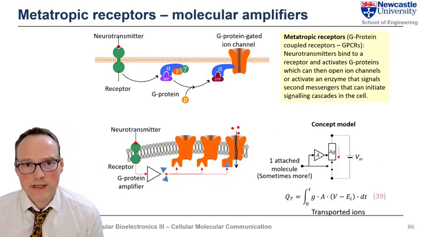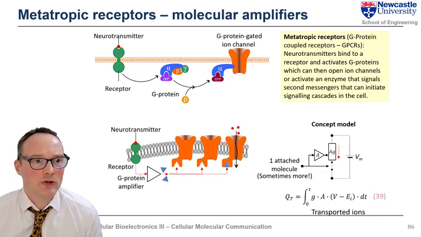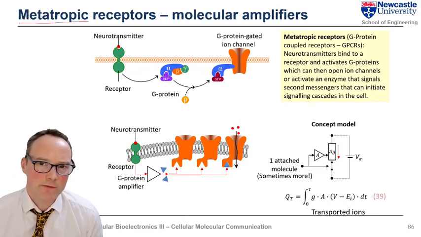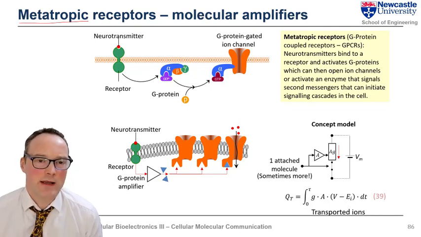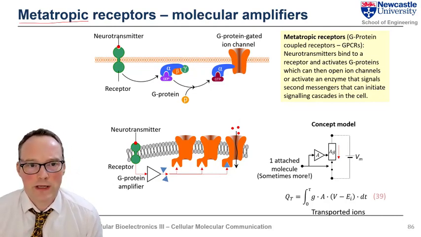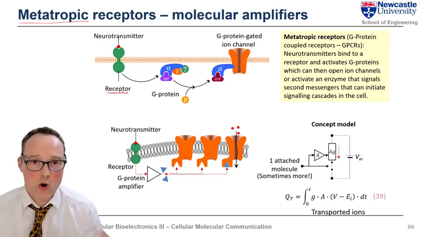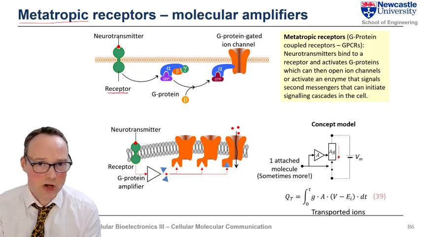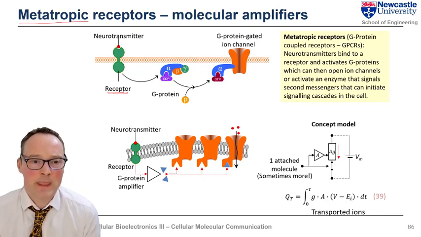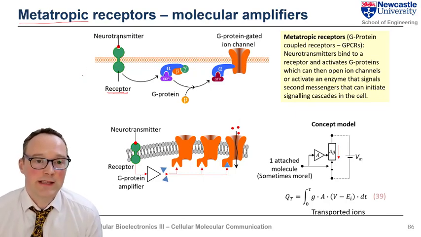Now, the other type of synapse is the metabotropic receptor. And in the metabotropic receptor, you've got a subtle difference in how this works. So first of all, the receptor has no ion channel beside it. It's not directly connected to an ion channel. Instead, the receptor activates something called a G protein.